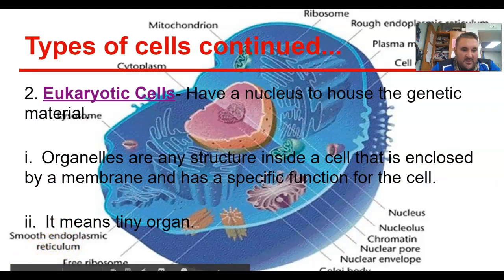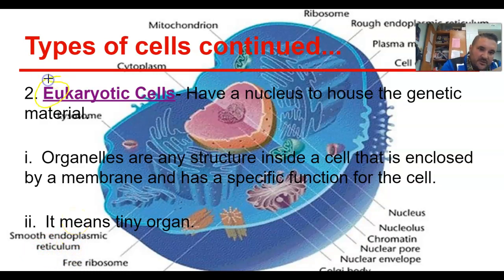The other type is a eukaryotic cell, and eu in this case means true. So a eukaryotic cell has a true nucleus. Eukaryotic cells are the ones that are going to have organelles. And the picture in the background there shows many of those tiny organelles that you would have.